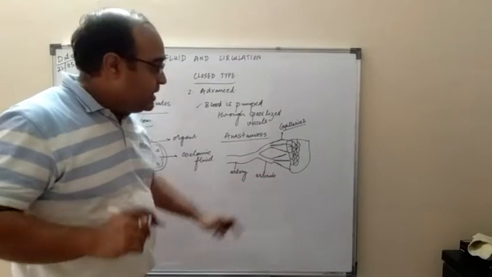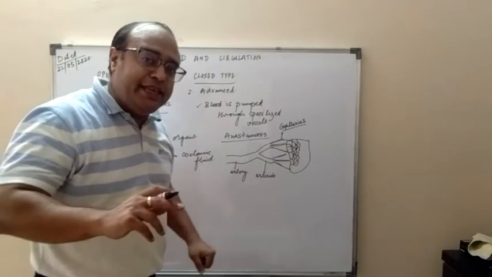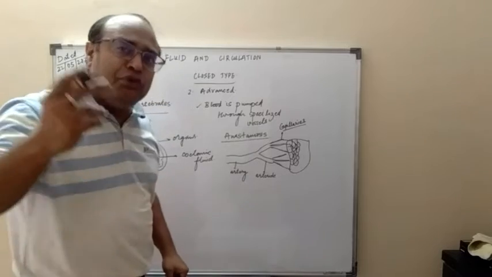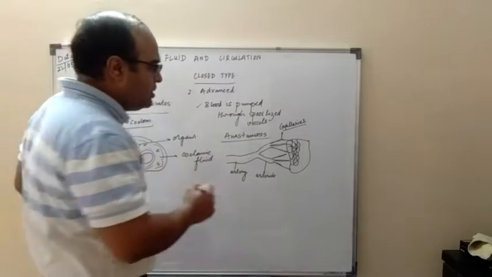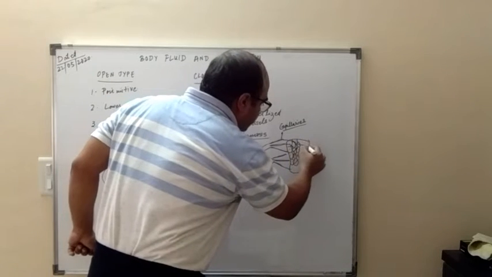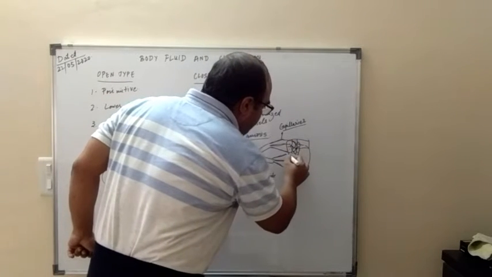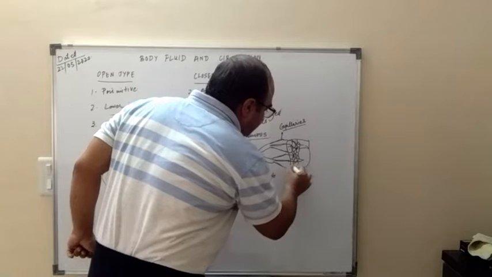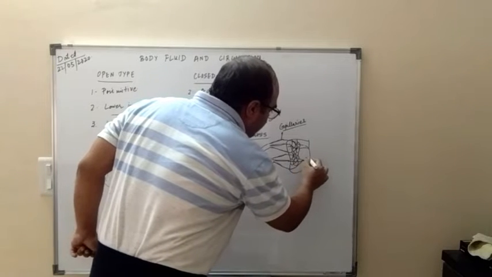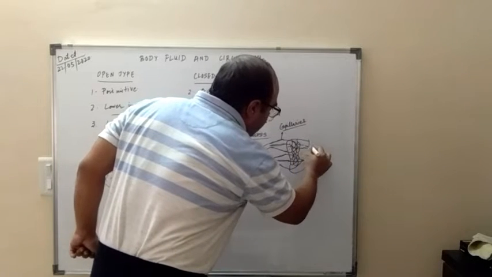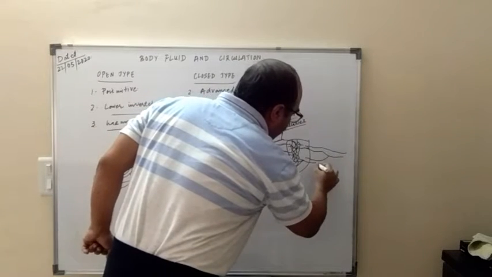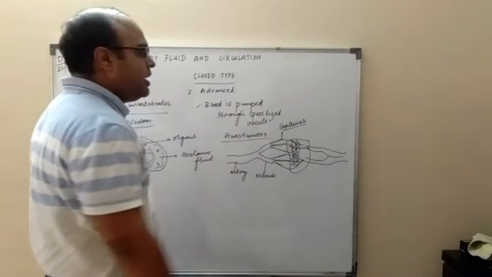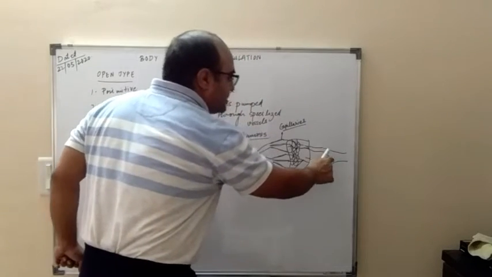So again these capillaries tend to unite and reunite to form a larger vessel known as vein. See now how does this happen? These will reunite, beta. They will reunite to form a thicker vessel. Okay. Now this would be known as vein.